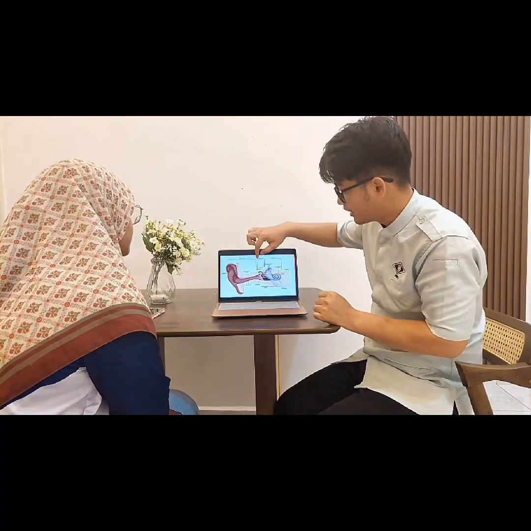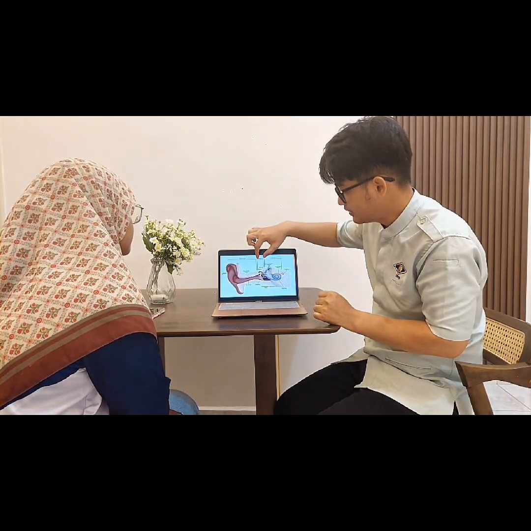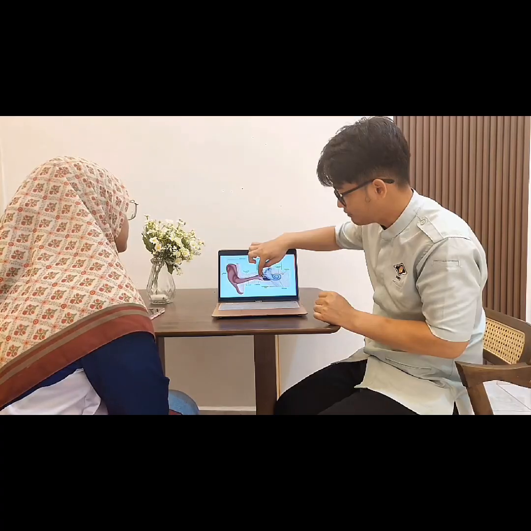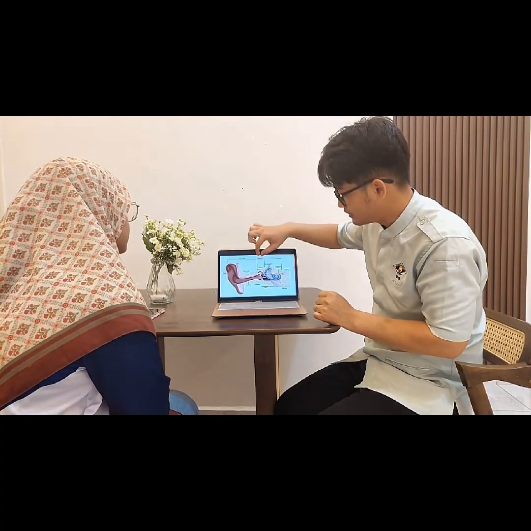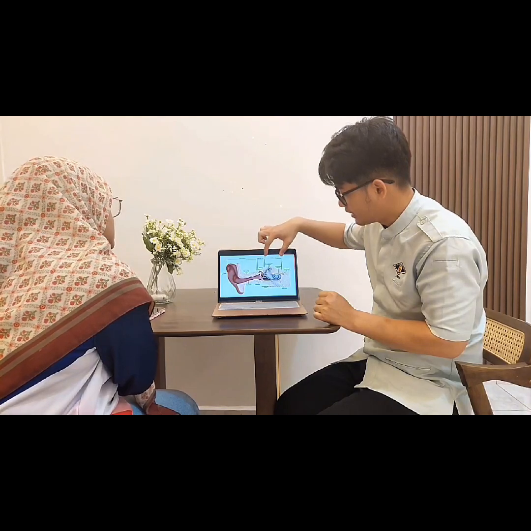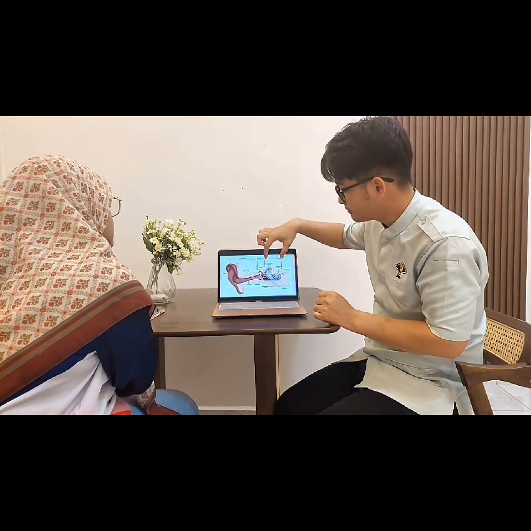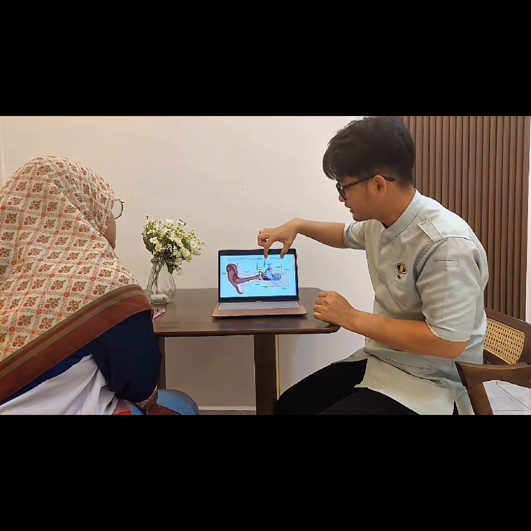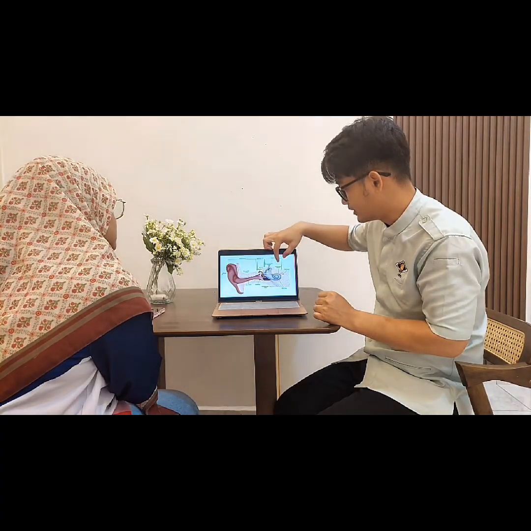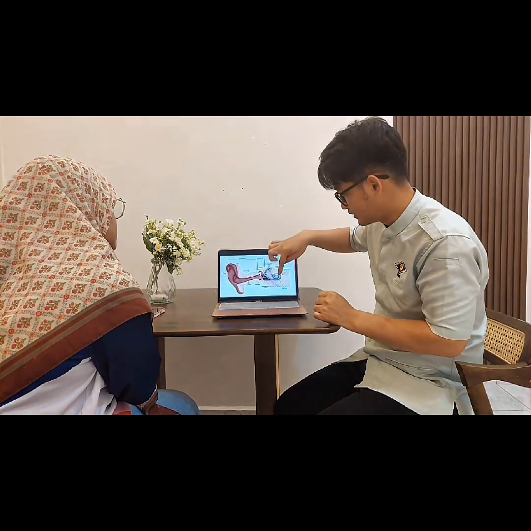And then after that, we have the middle ear, where the eardrum or tympanic membrane and the ossicles are located. And then the last part is the inner ear. You can see here there is a semicircular canal, the vestibular nerves, and the cochlea.